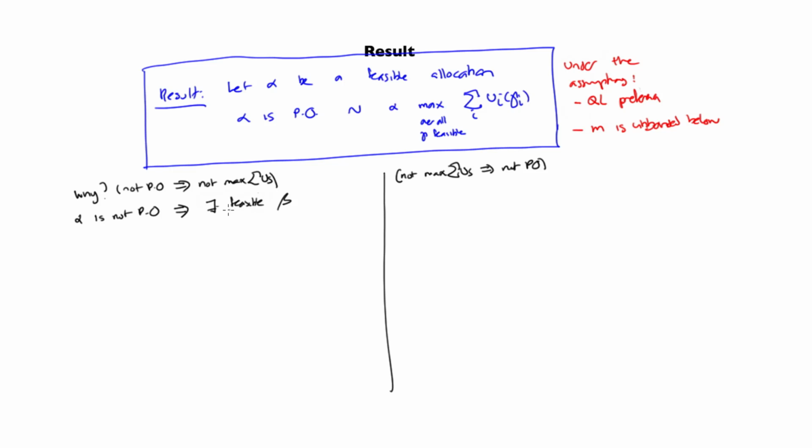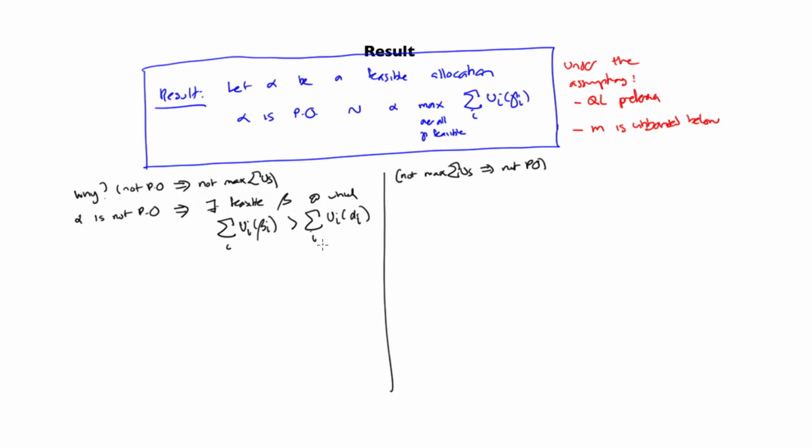So when we add across subjects, there exists a feasible beta at which the sum over all consumers of the utility of i at beta_i is greater than the sum over all consumers of the utility of i at alpha_i. Now, why is this true?